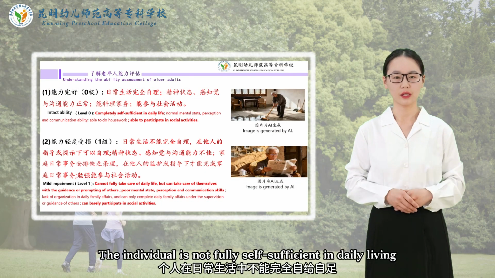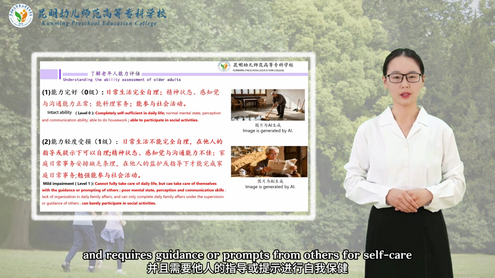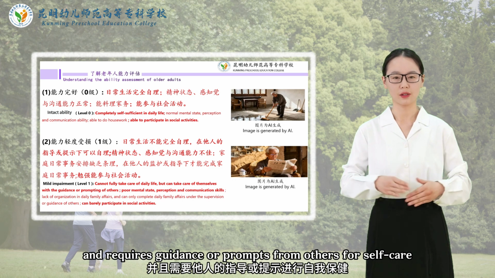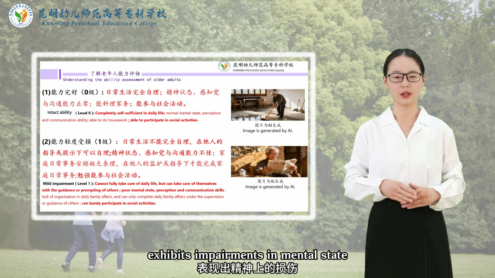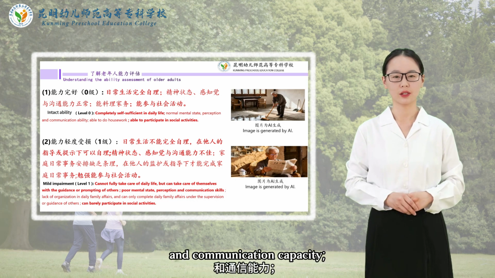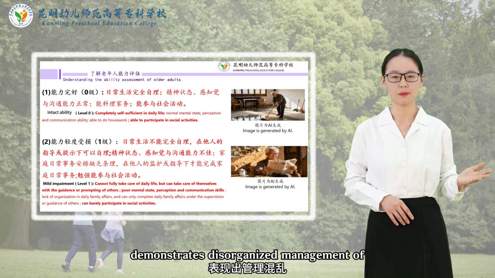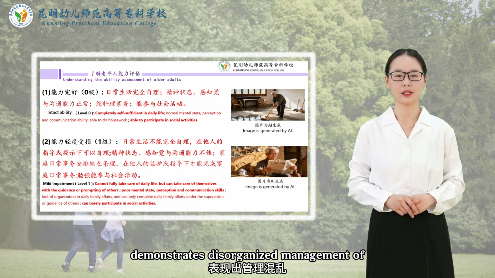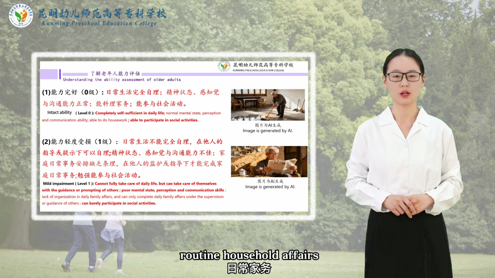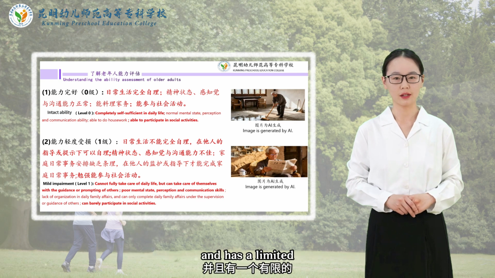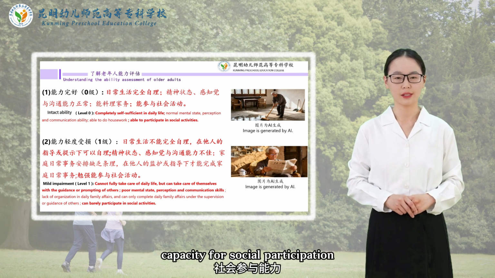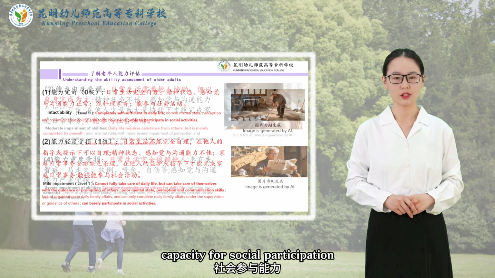The individual is not fully self-sufficient in daily living and requires guidance or prompts from others for self-care. Exhibits impairments in mental state, sensory perception, and communication capacity. Demonstrates disorganized management of routine household affairs requiring supervision or guidance from others for completion, and has a limited albeit present capacity for social participation.